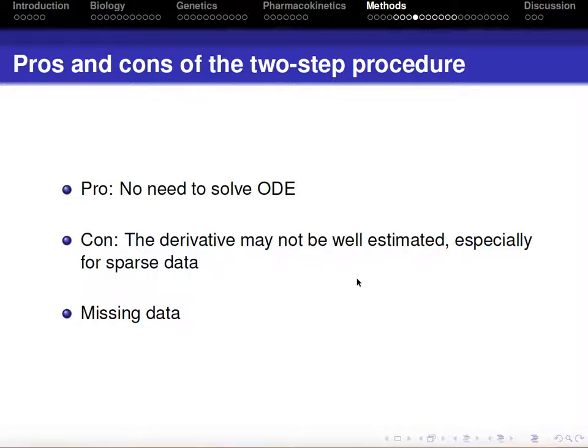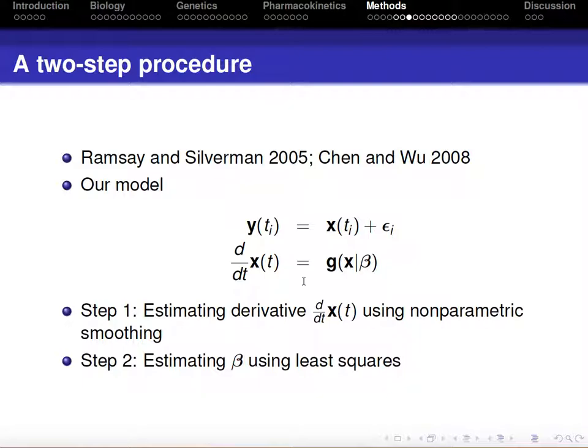Of course, this method also has its disadvantage. What's the disadvantage? We have learned that because there's no direct measurement on the derivative, when we do non-parametric smoothing we can estimate x with an accurate estimation.